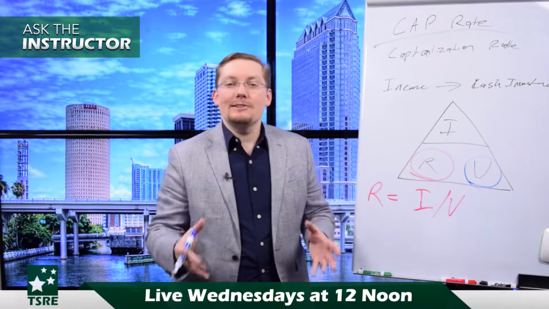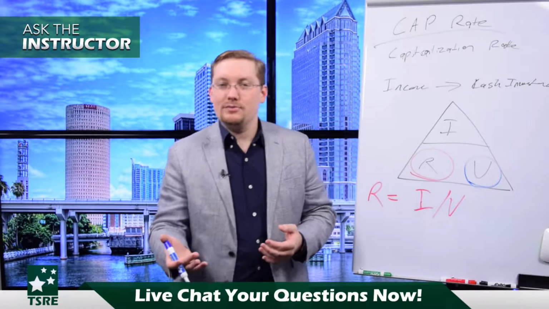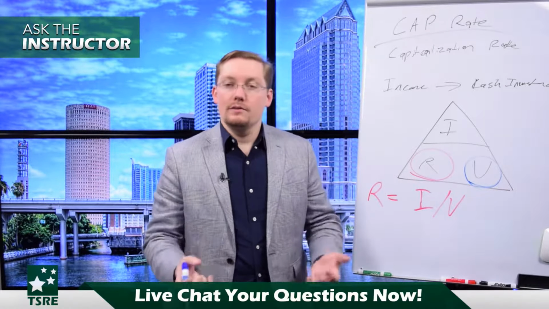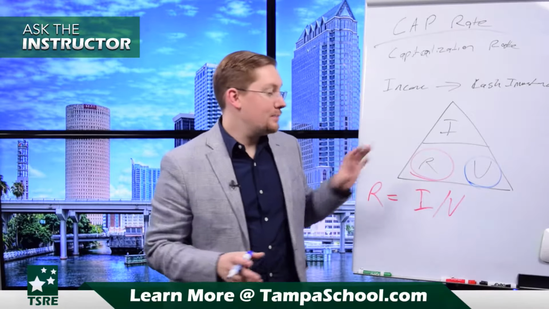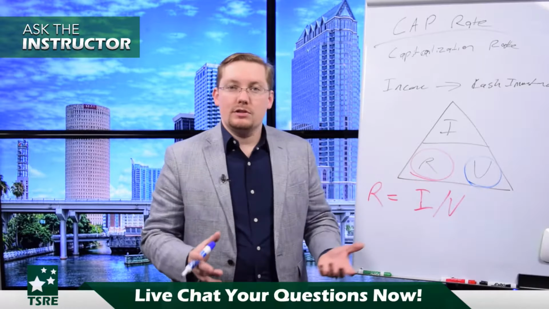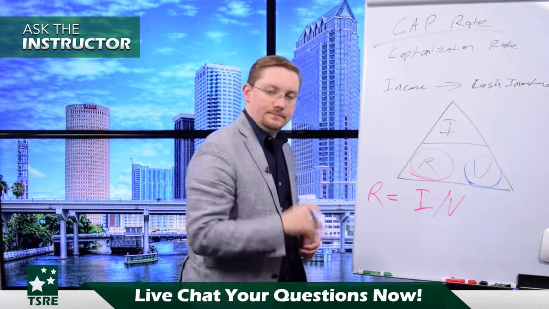That may happen, but eventually, usually after that first flip, it goes to somebody who's looking to buy the property and hold it for rental income. So even if you're a flipper, you do want to understand this formula to understand the rate of return that the investors are going to be looking for.